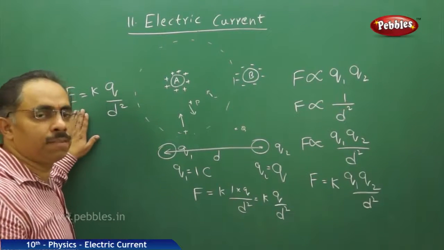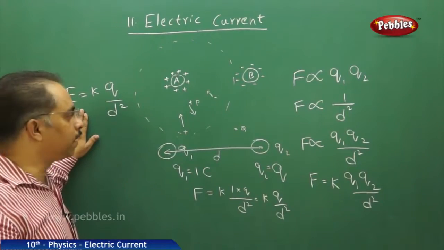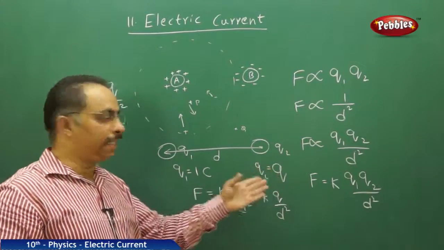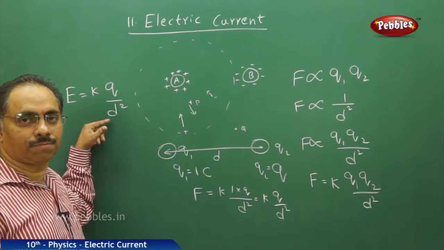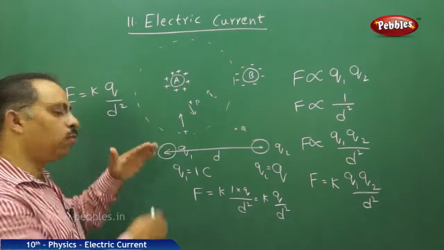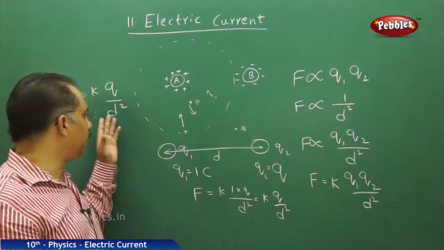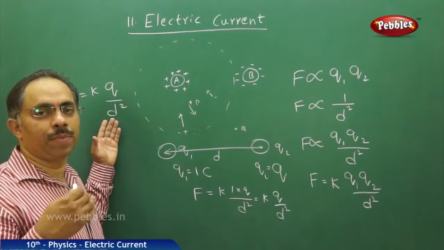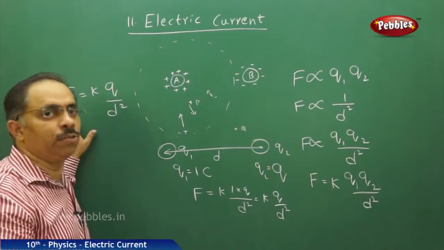So this E is nothing but the electric field strength due to a charged body at a distance d from it. So when I go very far from the charged body Q, that means when d is increasing in value, automatically the value of E will get reduced.